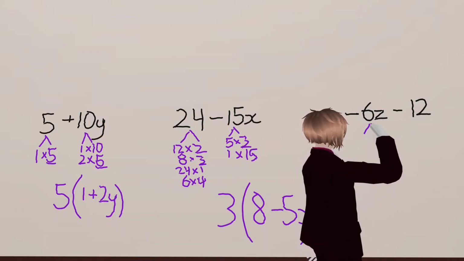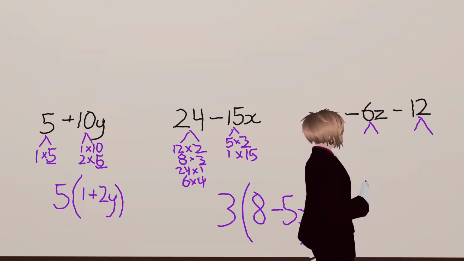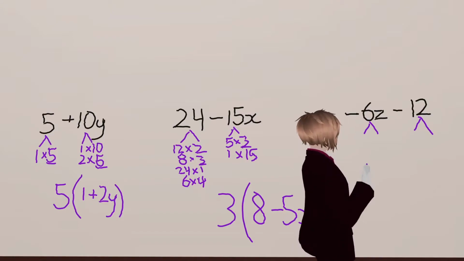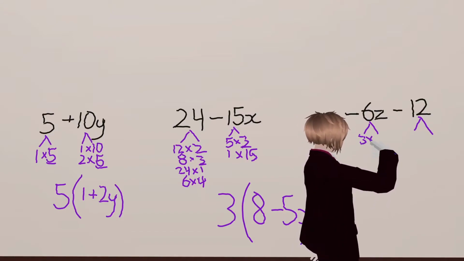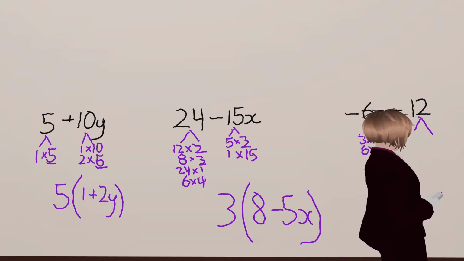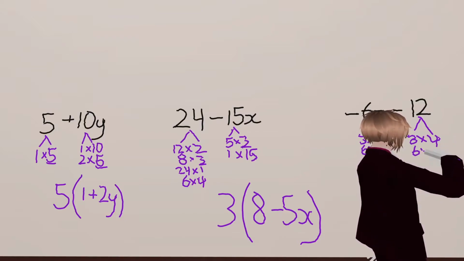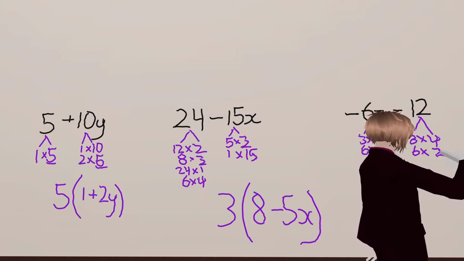We have 6 and we have 12, give them legs. The factors of 6 are 3 times 2, and 6 times 1. And our factors of 12 are 3 times 4, 6 times 2, and 12 times 1.